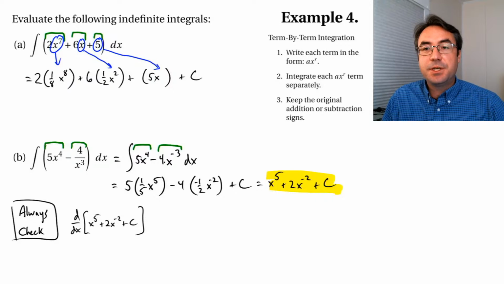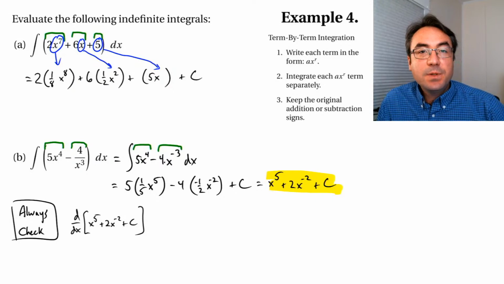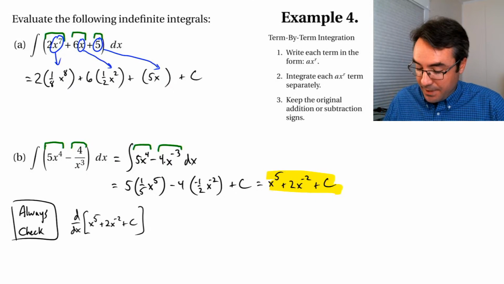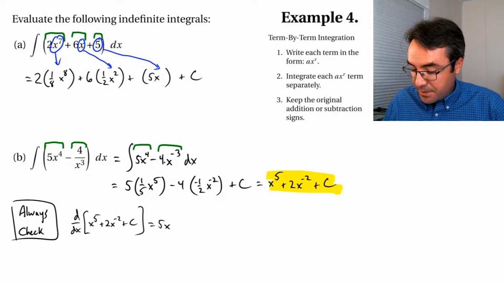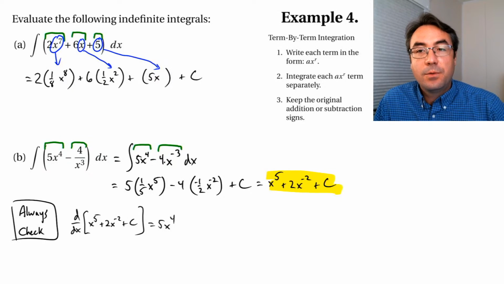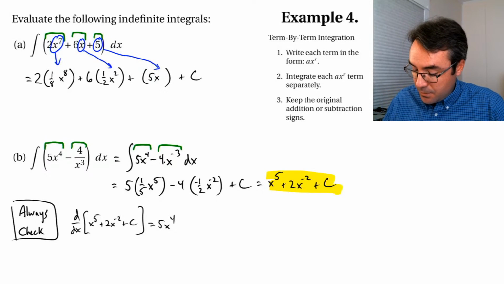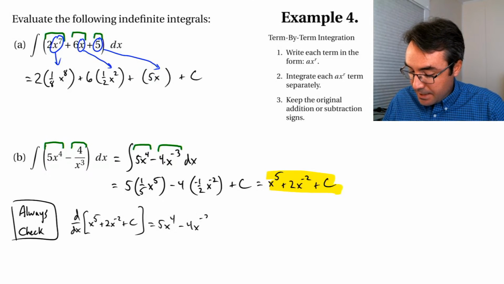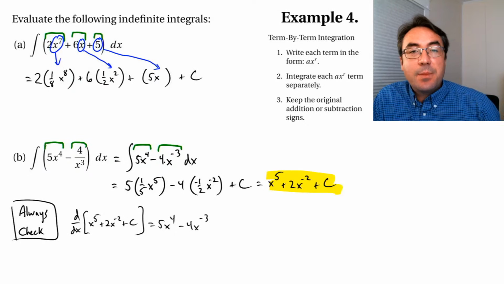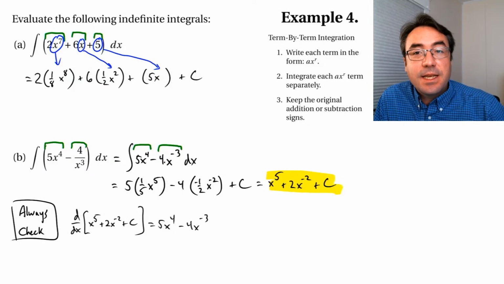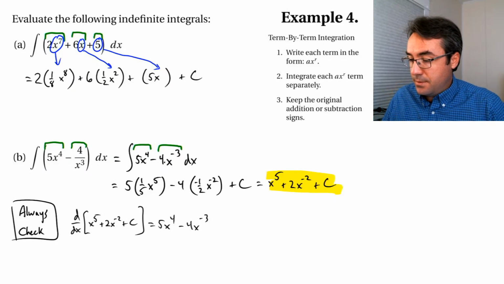So what happens when we differentiate x to the power 5? We get 5x to the power 4. What happens when we differentiate 2x to the negative 2? We get negative 4x to the negative 3. And then what happens to a constant that's added on at the end? Well, the derivative of a constant is 0.